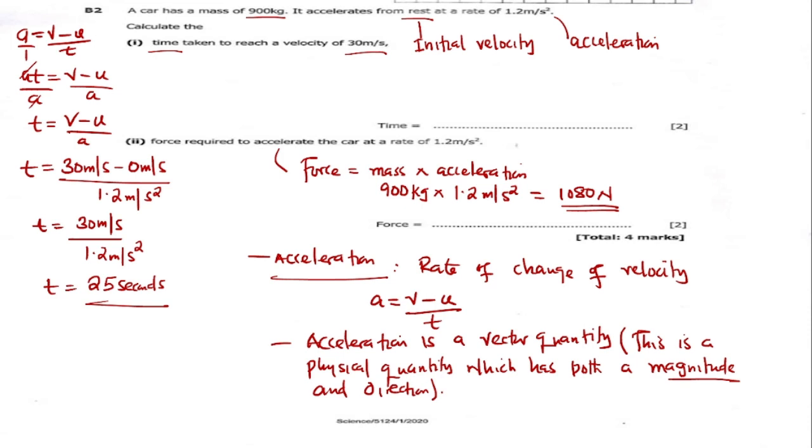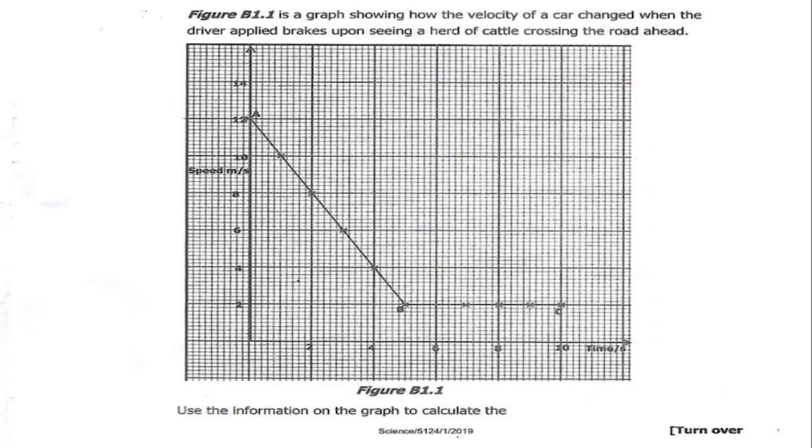That's what we mean when we say a vector quantity. So next time we'll be able to look at other questions where we outline one or two things. So we can look at question number 2.